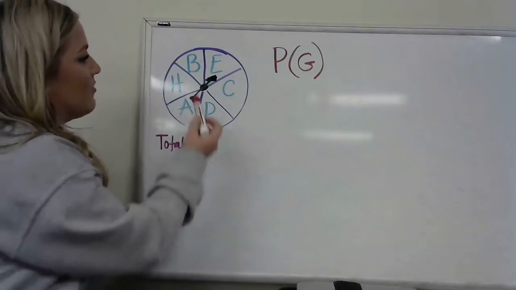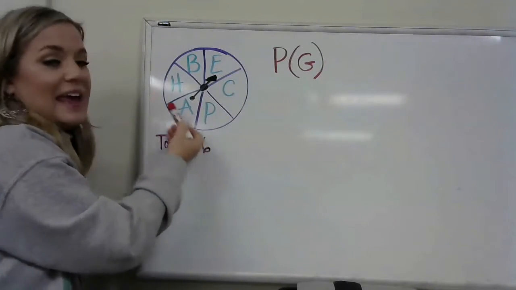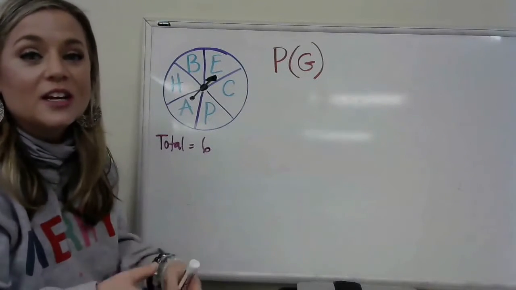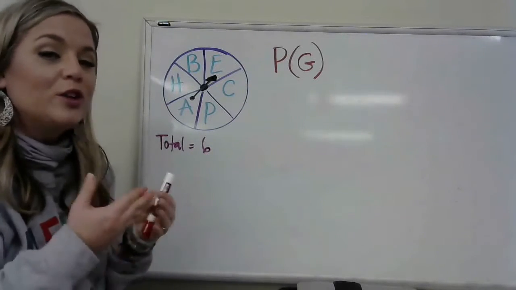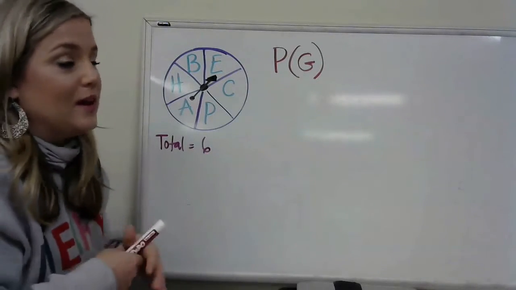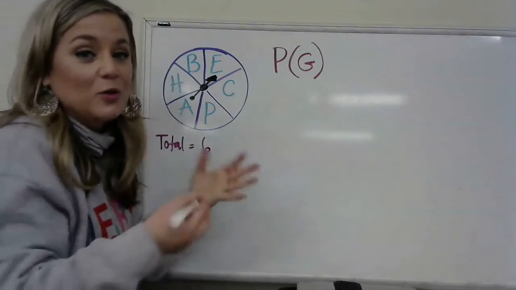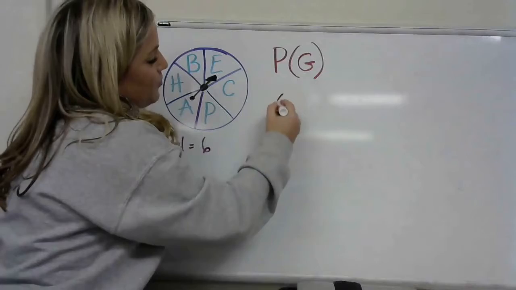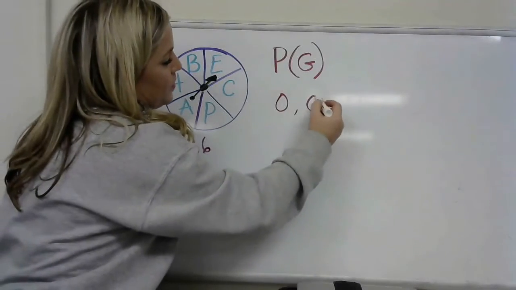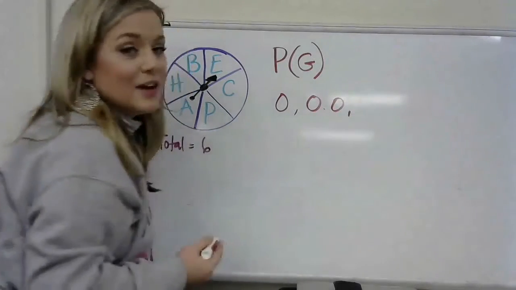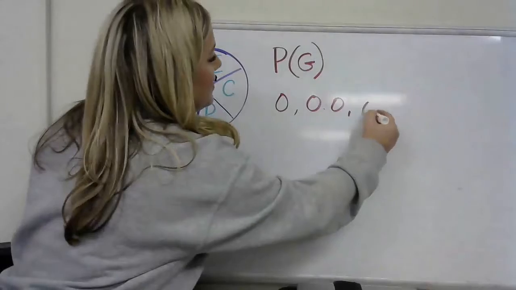If we look at this, we have B, E, C, P, A, and H. I never said G, so there is no G. So what do you think the probability of spinning a G would be? 0. There is no G on here. If you did it as a fraction, it'd be 0. A decimal would be 0.0, and a percentage would be 0%.